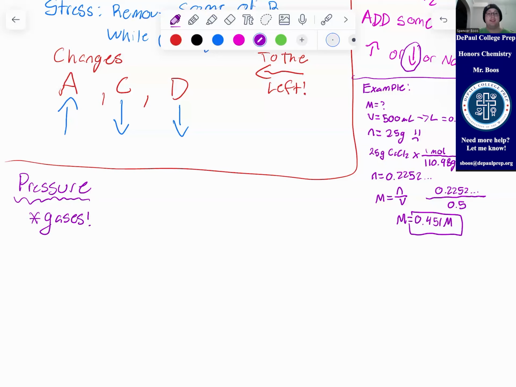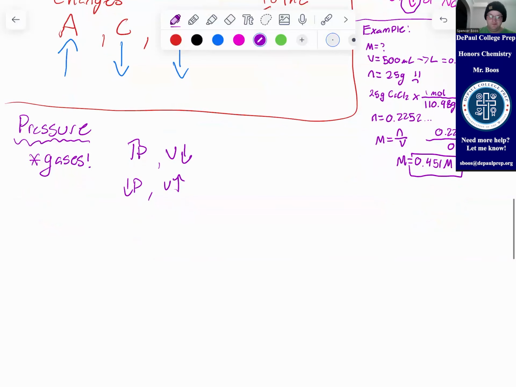With gases, we can easily compress and we can easily change the volume and the pressure. Another thing is as pressure goes up, volume goes down. We've got Boyle's law to thank for that. And when pressure goes down, volume goes up. Think about the syringe, right? As you push the syringe into your finger, pressure goes up, volume goes down. When you pull it, the reverse happens.